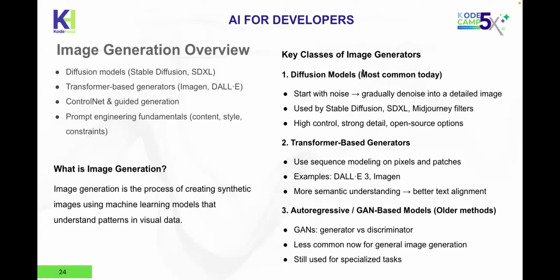and the constraints. So when we talk about the classes of image generators, you have what we call diffusion models. The diffusion models are the most common approaches that are used today, right? And typically what they do is that they start with a canvas that is basically noisy, a noisy canvas.